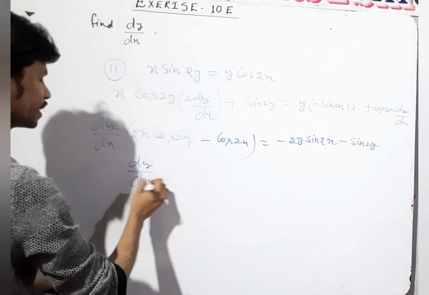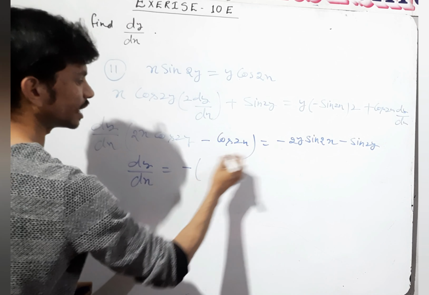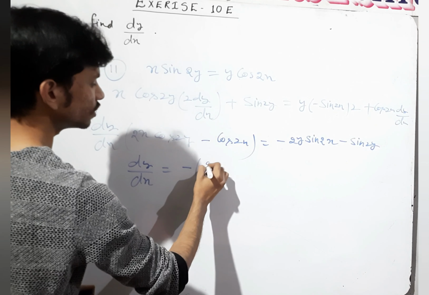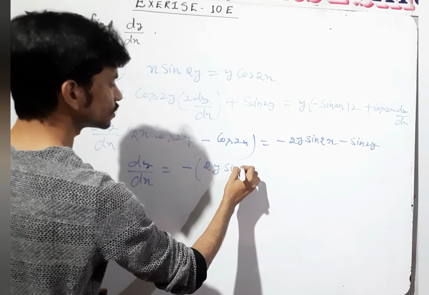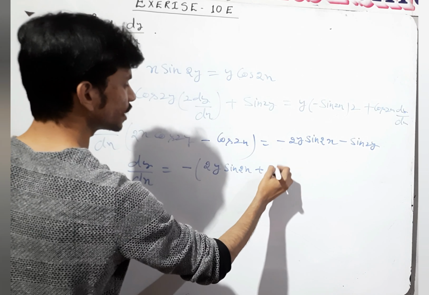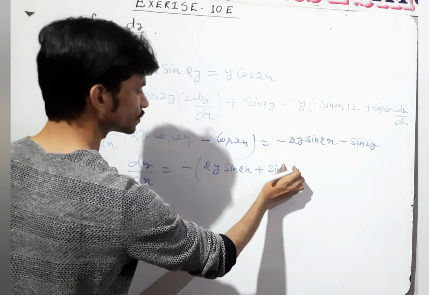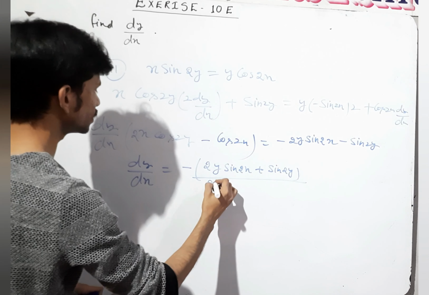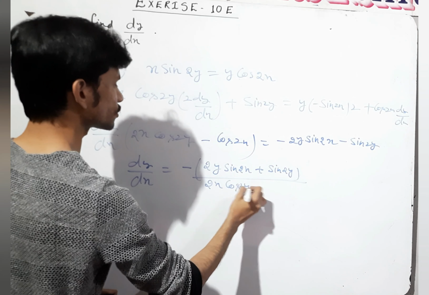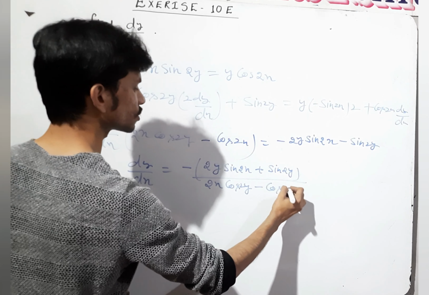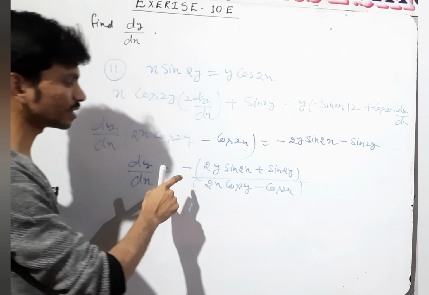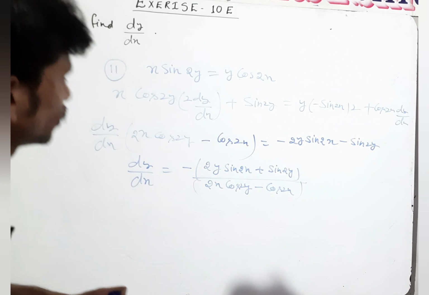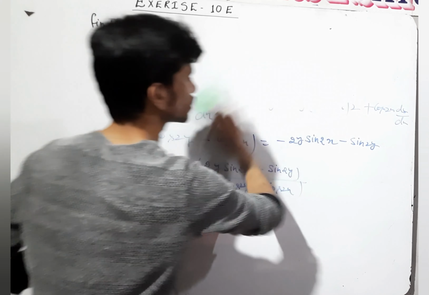So dy over dx equal minus, let me take common, minus is common, 2y sine 2x plus sine 2y divided by all this term. This is 2x cos 2y minus cos 2x. You can also include this minus with the denominator to match your answer with the answer sheet.